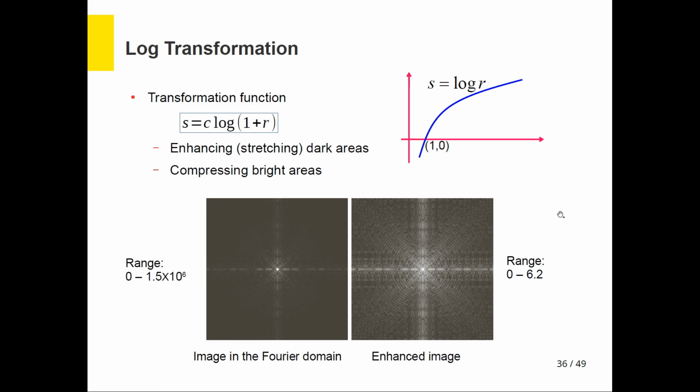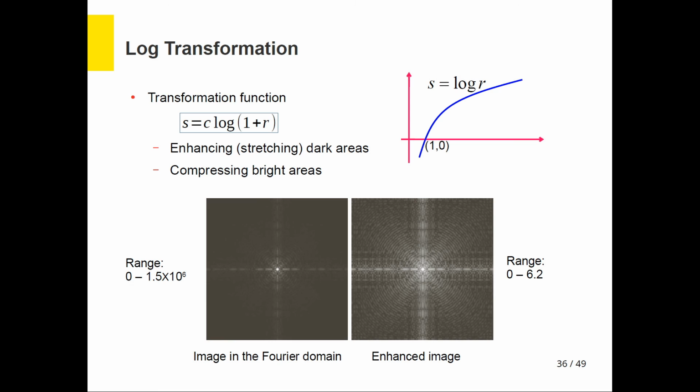One of the very useful applications of the log transformation is when we want to visualize the Fourier transform of an image. Here you see a Fourier transform of an image, and the range of the values in this image is between 0 and 1.5 multiplied by 10 to the power of 6. As you can see, the range is very wide, but because this range is very big, the image appears very dark.